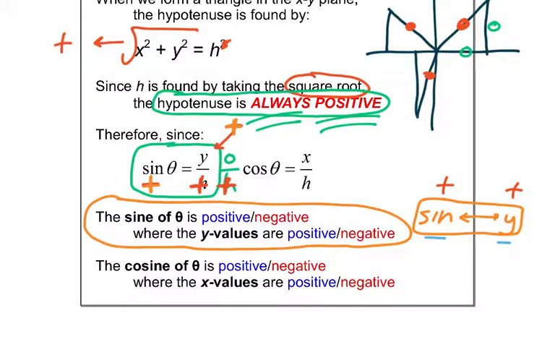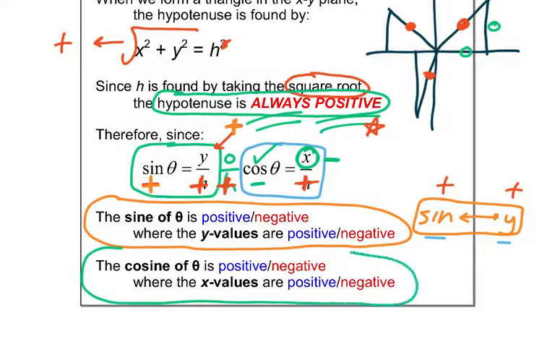Okay, and similarly over here on the right side, same thing with cosine. Remember, the hypotenuse is always positive, like we said up here, so if the x-coordinate is positive also, then the cosine is positive. If the x-coordinate is negative, then the cosine is negative. Okay, so that leads us down here. Two really, really important things to know, and I'll put stars right next to that for you.